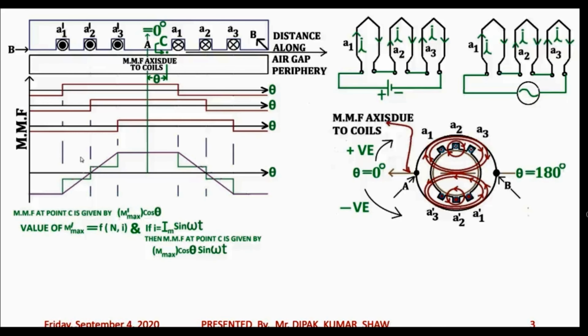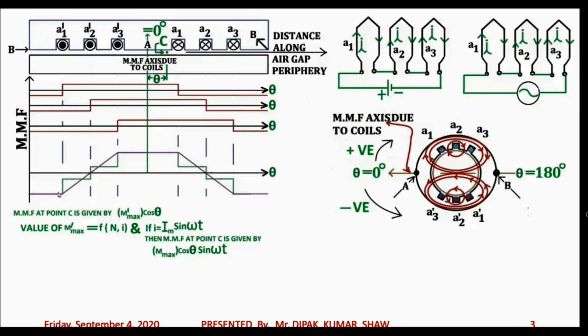So what can we do actually? Although it is not shown in the diagram, what you can think is that we are only considering the fundamental component of the sine wave, which will be obtained when we apply Fourier series expansion to this trapezoidal MMF distribution, and the remaining space harmonic components of MMF are ignored.